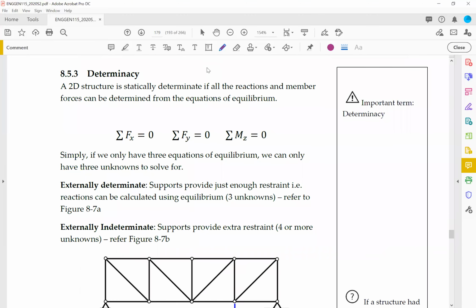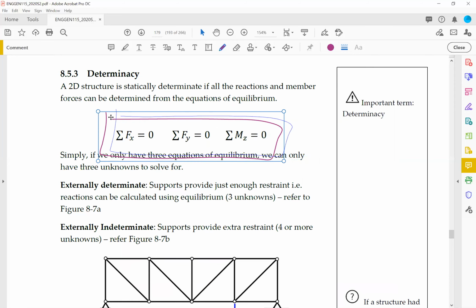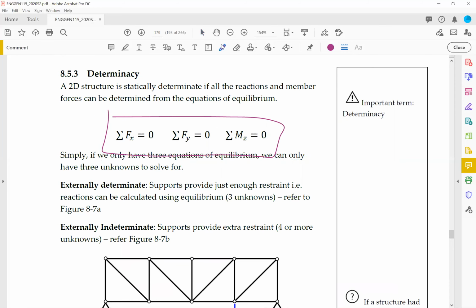Determinacy. So determinacy is essentially you being able to analyze a structure given only these three equations. In the case of a truss, given only these two equations, because we know everything is either in tension or compression, there's no moment.